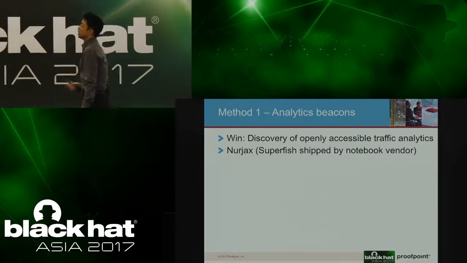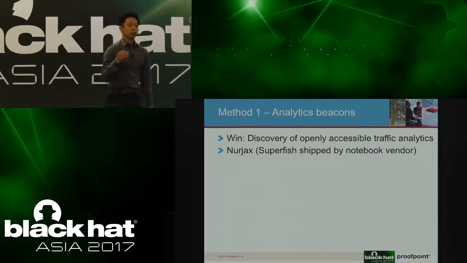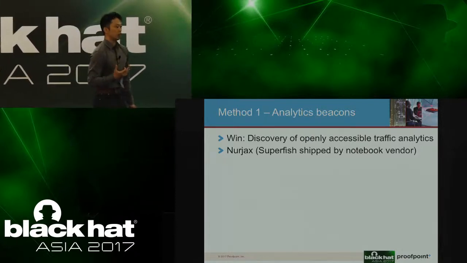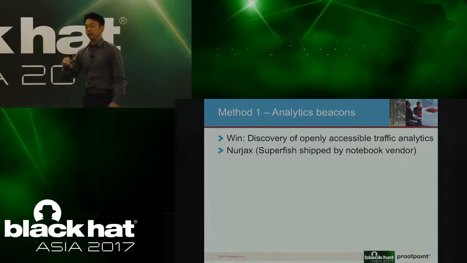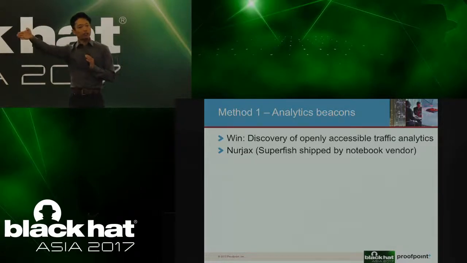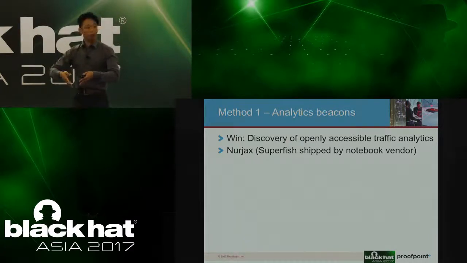Method one, analytics beacons. Some of the command and control URLs or C2 URLs that you have in your hands will be analytics beacons from these malware. When malware calls home, they will be linking to their command and control panel or command and control server to upload stolen data and also to retrieve further commands to execute on the infected endpoint.